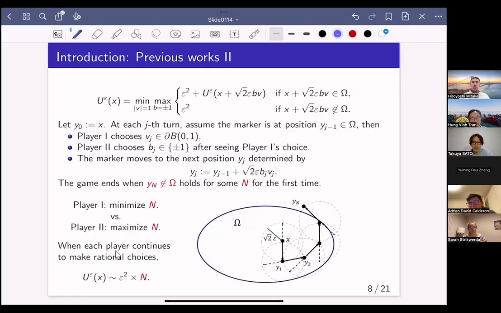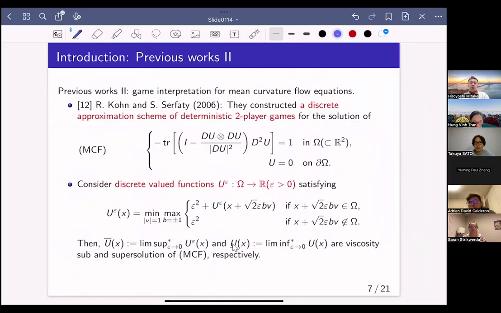When each player makes rational choices, we can interpret the value u^epsilon by this scaled number of steps N. By using this arrival time at the boundary of omega, the half relaxed limits of this arrival time are viscosity sub and supersolutions of the original mean curvature flow equation.